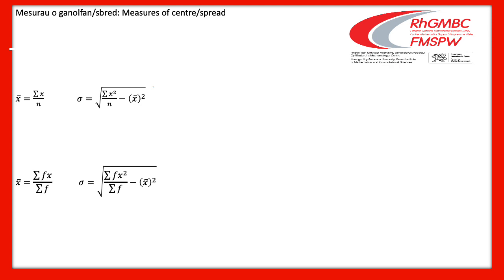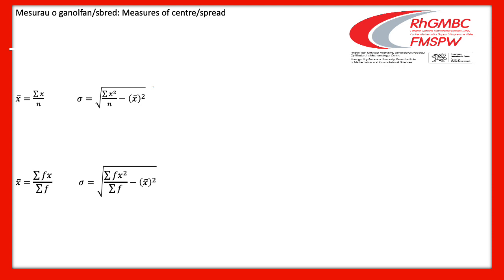And you've got both versions there for raw data, where you've just got a simple list of probably a few pieces of data, maybe up to about 10, or you've got a grouped frequency distribution, and those are how you'd calculate those things. You did the means at GCSE, and you know your measures of center are mean, median, and mode.